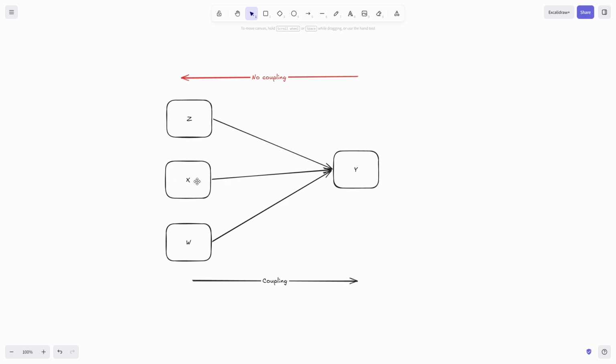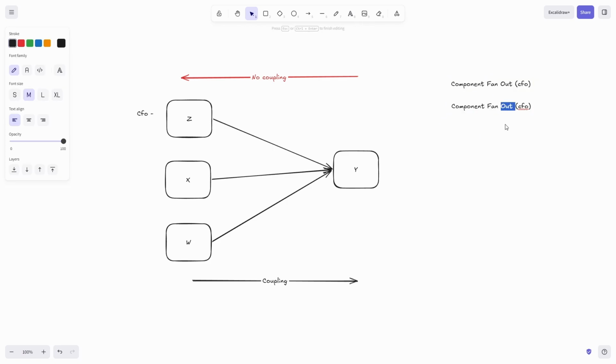Okay. So, as I said before, the reason why I'm making this video is to discuss fan-in and fan-out coupling. So in this case, we have CFO, component fan-out, and then component fan-in, say CFI as an example.